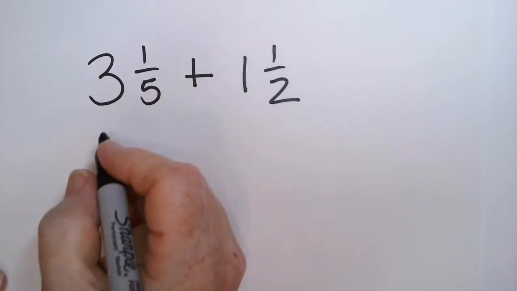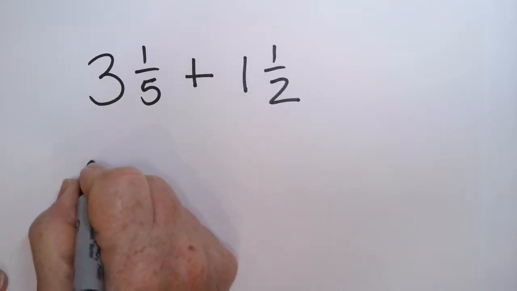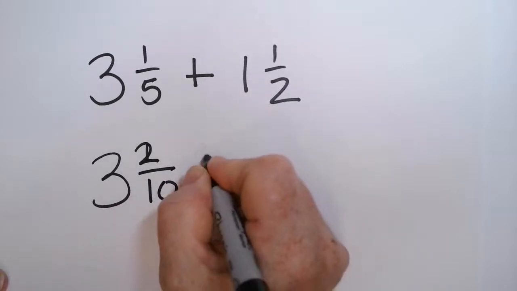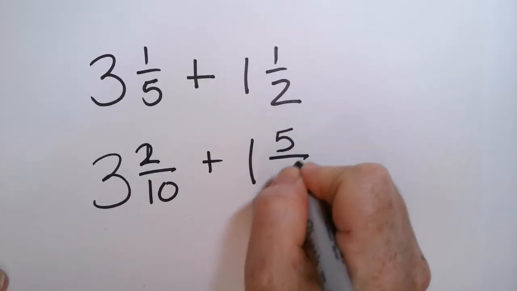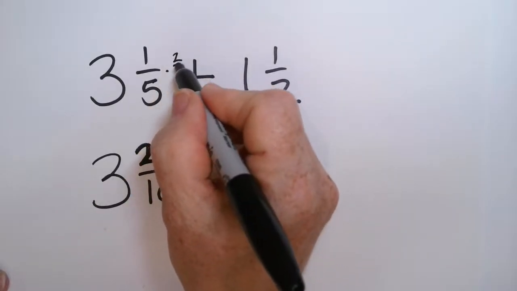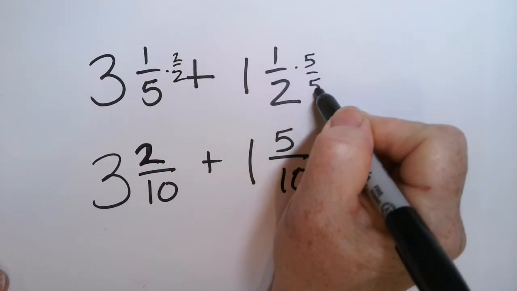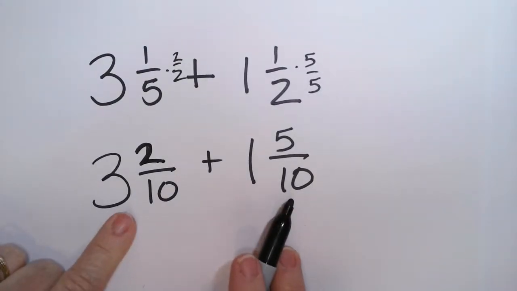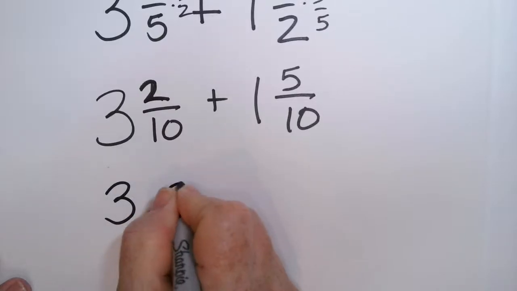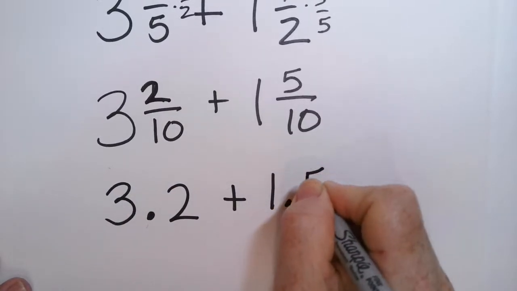This can be a hard one to do. So instead, what we do is we scale up the fractions until the bottom is a 10.